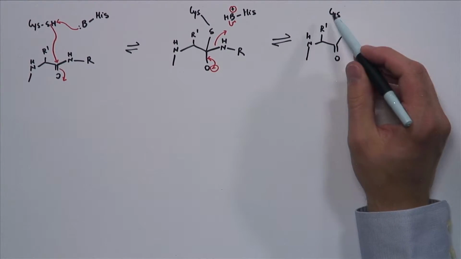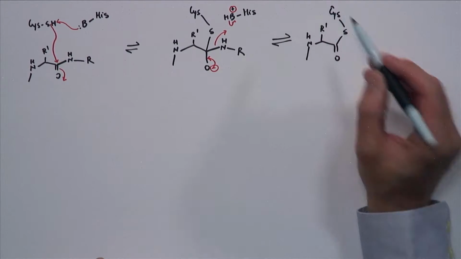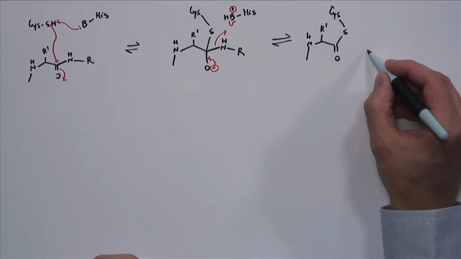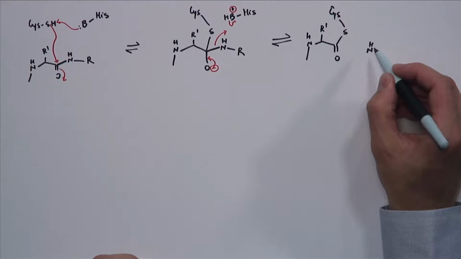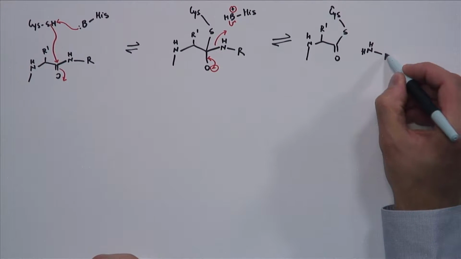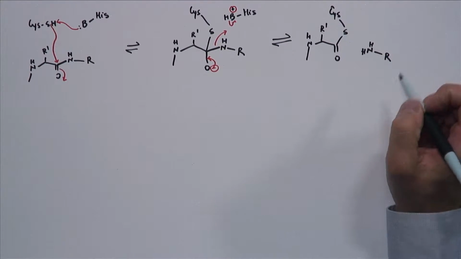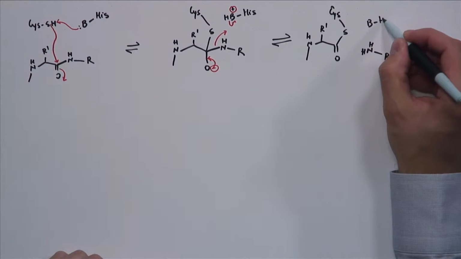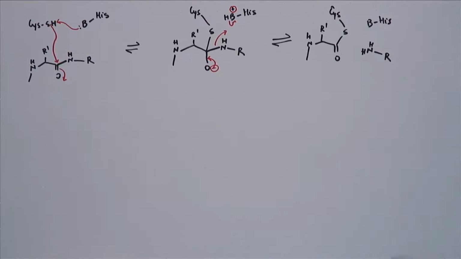There is the thioester with the cysteine in the active site, and one half of our product is going to be released here. Once again, the histidine is going to be deprotonated at this step.